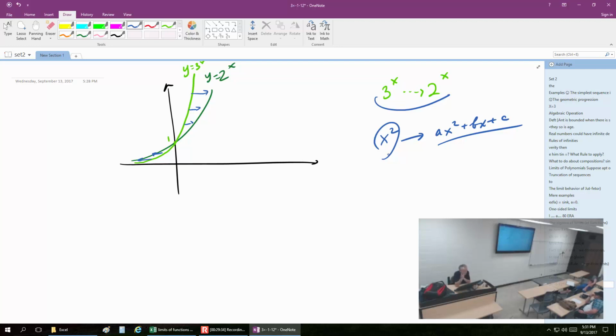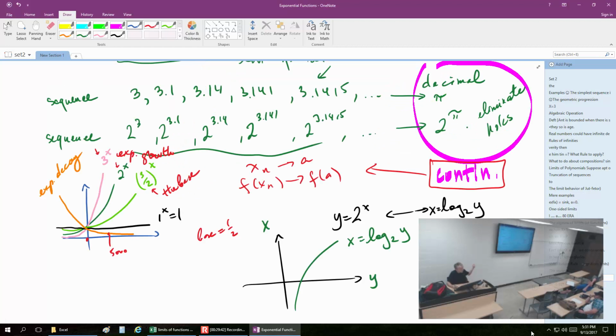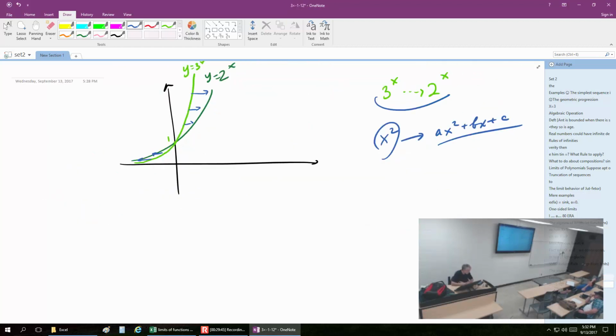Okay, so similarly, we could think of a function that serves as a good representative of all of these exponential functions, and the answer is, which one?